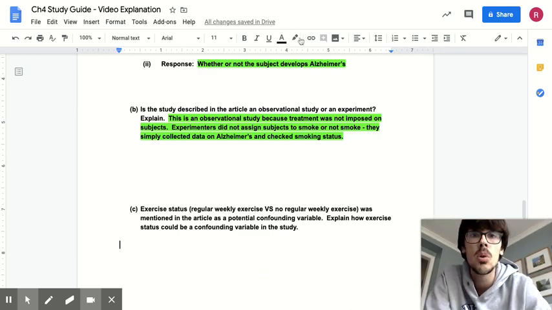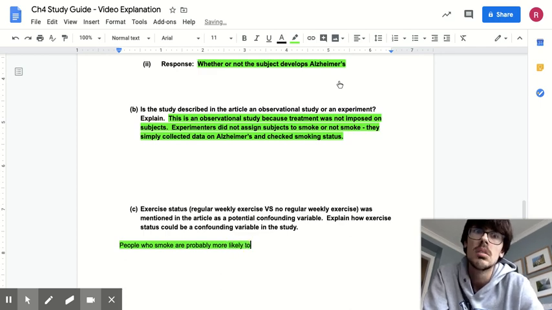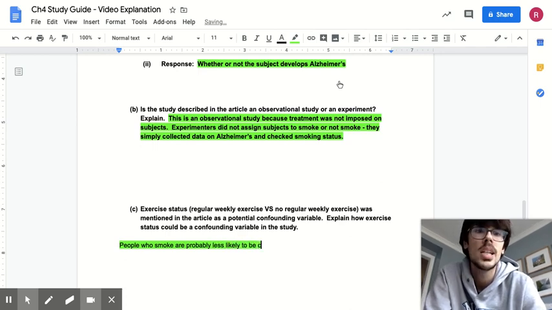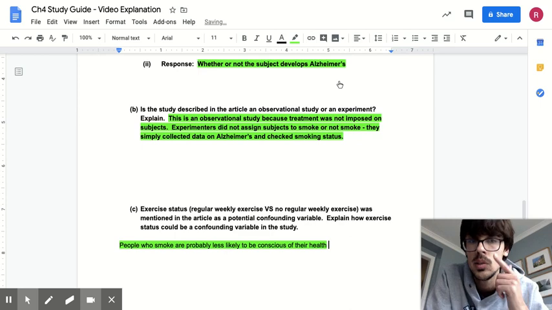So a good full credit answer, the first part I'm going to say for this, people who smoke are probably more likely to, or less likely, I guess I should say, might sound better. So they're probably less likely to be conscious of their health or to make good health decisions or something like that.